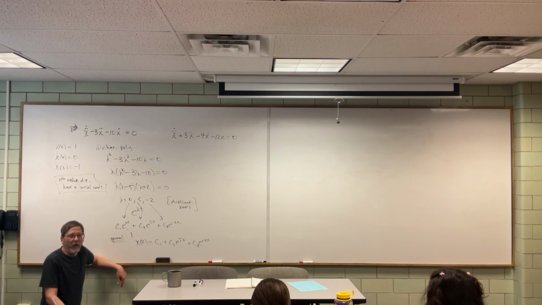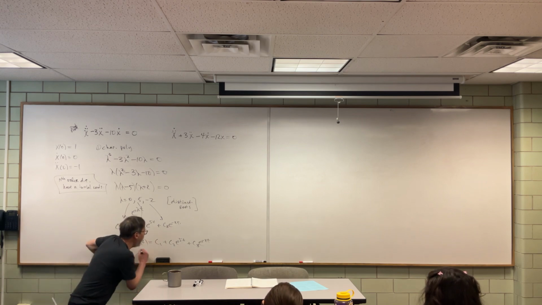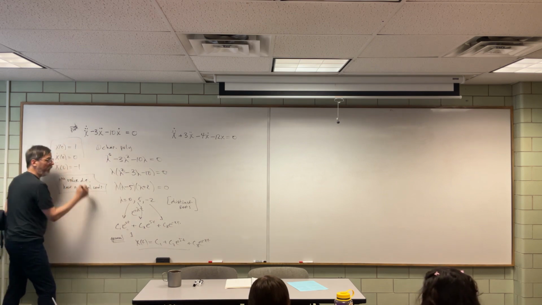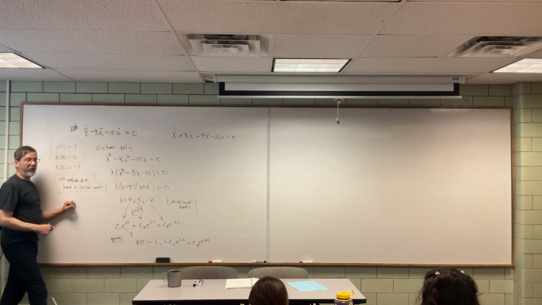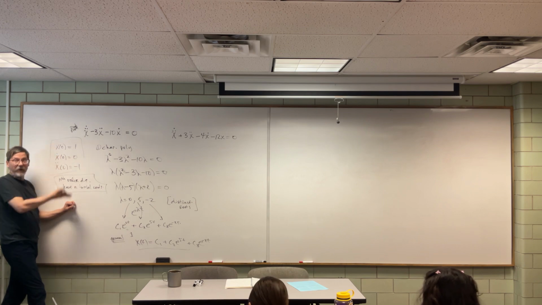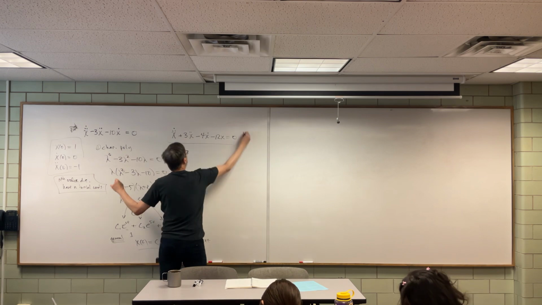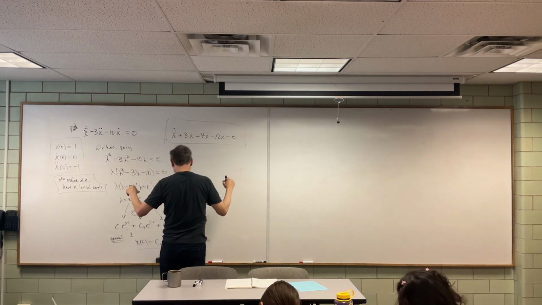Is anybody not sure what we just did? It's important to know what this means and what we just did. I'm going to trust you on that. So this is step 1, find the general. And then if you've got initial conditions, you're going to use these to find the specific constants that satisfy those initial conditions. So then the next step is, we'll come back to this chap in a minute.